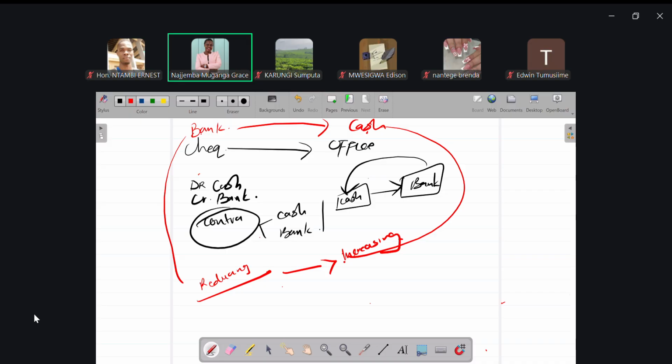Some of you may say these are called drawings. Drawings is when someone withdraws money for personal use. But where you take money out of the bank for office use, or salaries, or anything related to the business, then that becomes a contra entry.